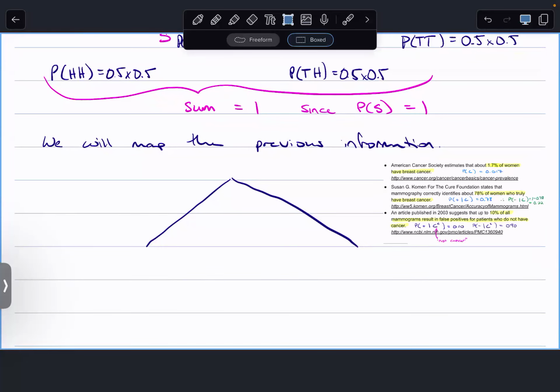And so this is what tells me that, okay, cancer or not cancer, my first set of branches. Below, we can write the probabilities. The probability of cancer, we were told, was 0.017.